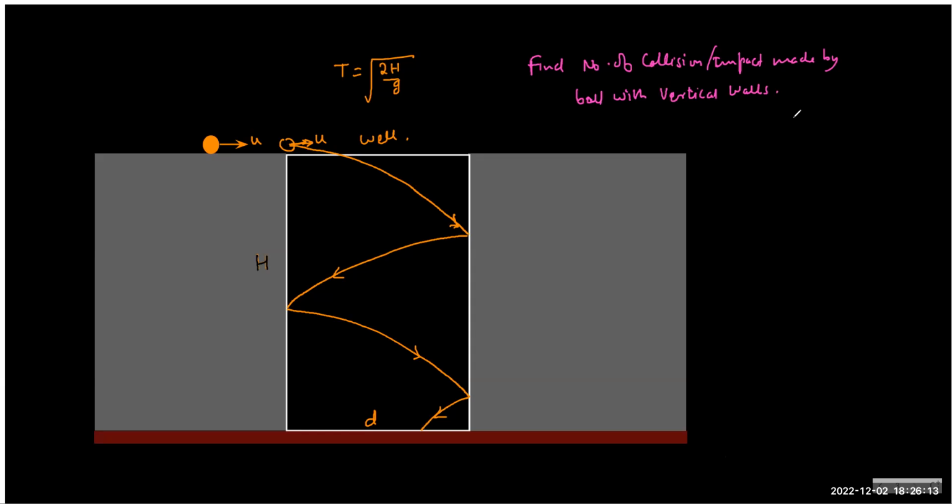No, this is not a real diagram. This is just a demonstration. You need to understand what the range of the projectile is, how far you could have traveled. Range is how much? U t. So it is like you are making the folding of D length. So the number of collisions is the total range by D, and you take the greatest integer, which means just take the integral part.